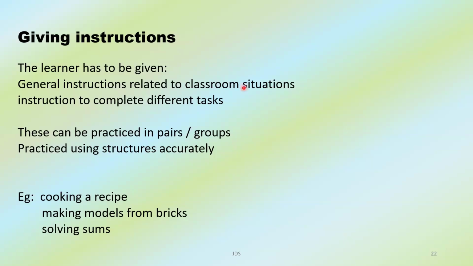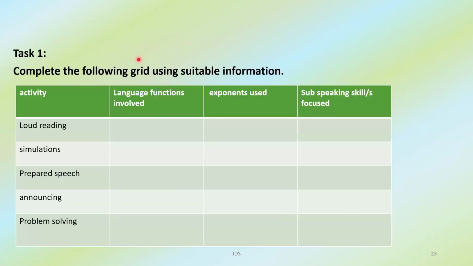All those can be practiced with advanced learners or intermediate ones. Just oral instructions can be given for primary learners, right? So that is a very good starting point, just to make them speak out. Giving instructions becomes a very useful kind of speaking task.